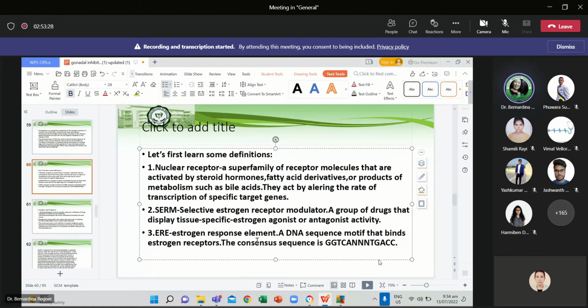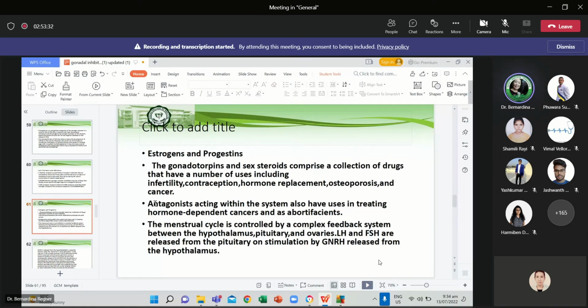Then ERE or estrogen response element. Okay, this is a DNA sequence. So estrogens and progestins are gonadotropins and also sex steroids that comprise a collection of drugs which have a number of uses. What are the uses of estrogens and progestins? Number 1, infertility. Number 2, contraception.